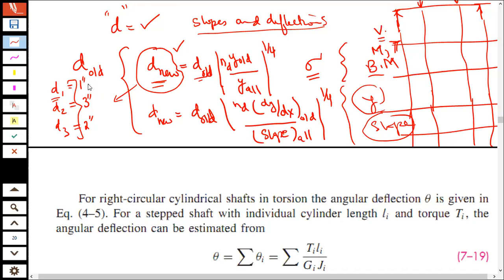So you will multiply this by 2. You will get how much? 2 inches. Multiply by 2, you will have 6 inches multiplied by 2, and that will give you 4 inches. So your new shaft will have these dimensions, which will have the allowable slope and the allowable deflection. ठीक है जी.